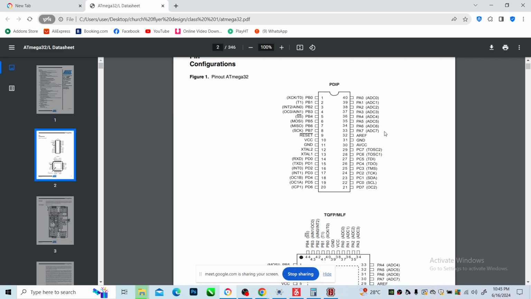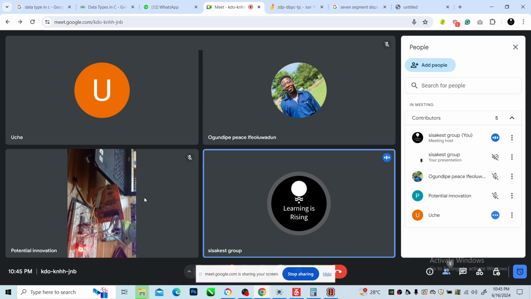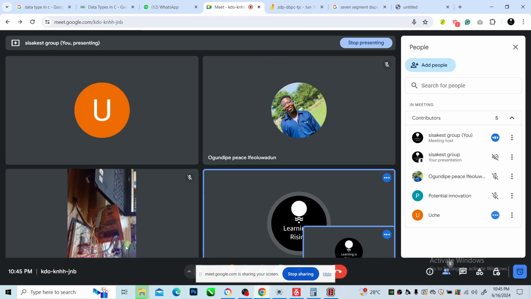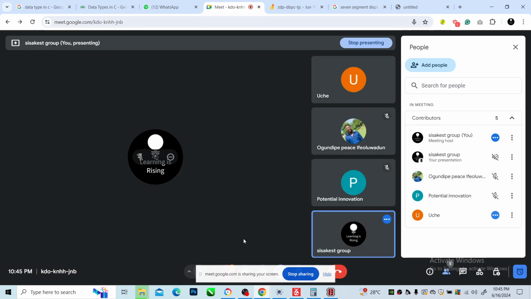I also want to do something. I think I want to use my book and Bible to explain this, so it's more clear. So let me do this. I wasn't even sharing my screen before. Okay, I was sharing. Stop sharing.